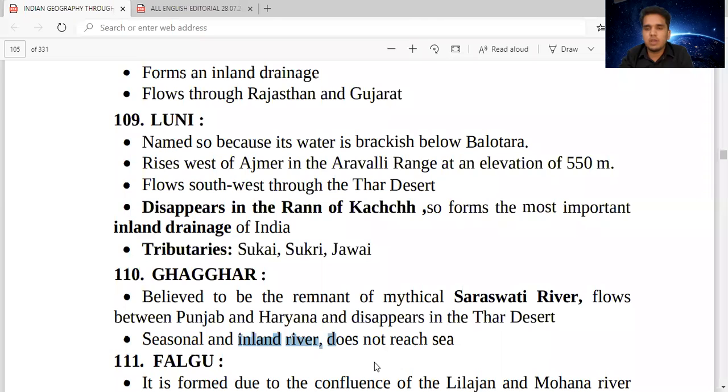So we will not go on this point at all. All we should know is that the Ghaggar and Luni rivers have a special property, inland water drainage, meaning their water goes underground. Seasonal and inland rivers do not reach the sea.